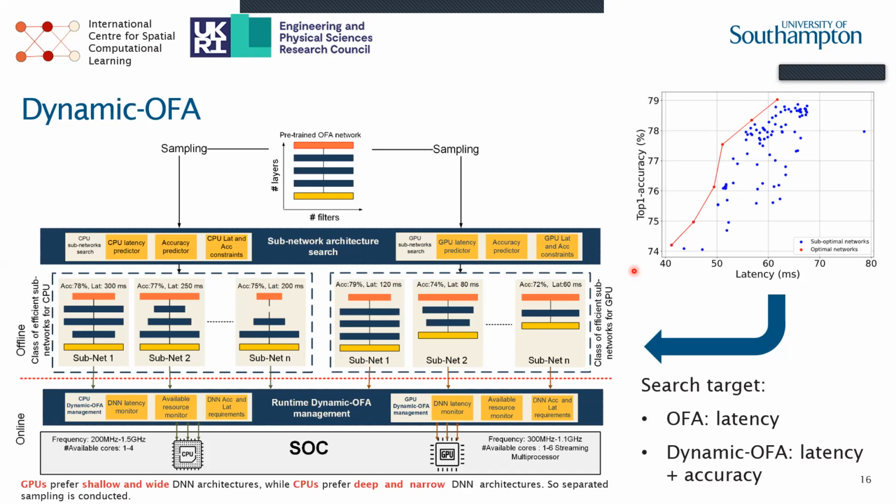They say that OFA contains 10 to the power of 19 subnetworks, but they made an observation: if you change the number of channels and layers together, you can also have very good models, but the space becomes much, much smaller. In the end, they only have 243 subnetworks.